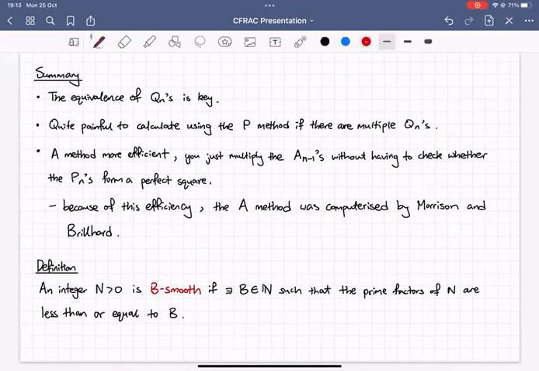So the definition: an integer n greater than 0 is called B smooth if there exists a B in the natural numbers such that the prime factors of n are less than or equal to B. So I can just give a quick example. 24 is 3 smooth because 24 is 2 cubed times 3.